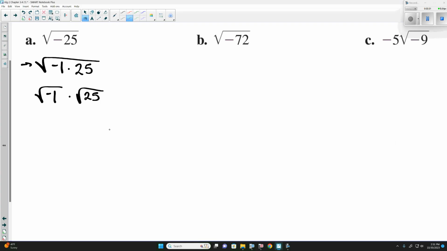Now the square root of negative 1 we said is i, because by definition it's our imaginary number. What's the square root of 25? So the square root of negative 25 is 5i.